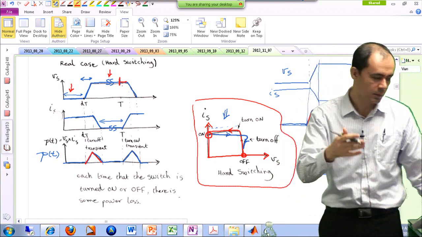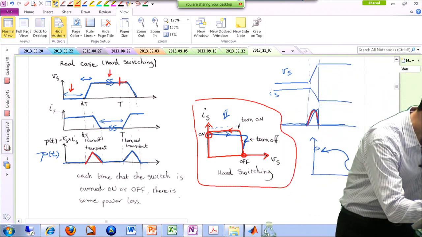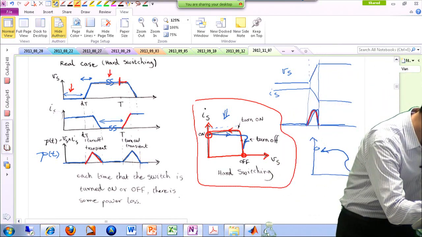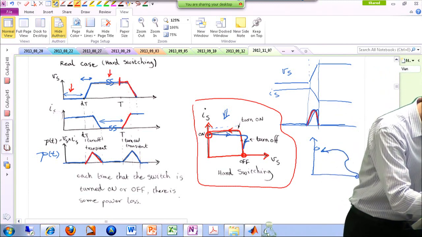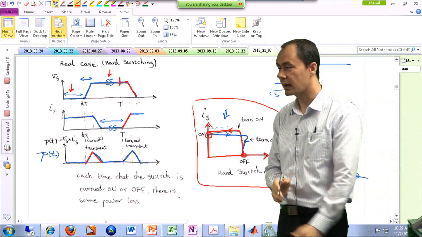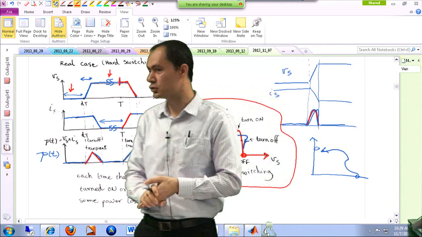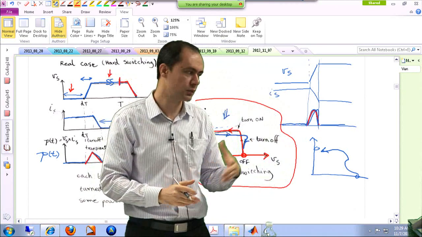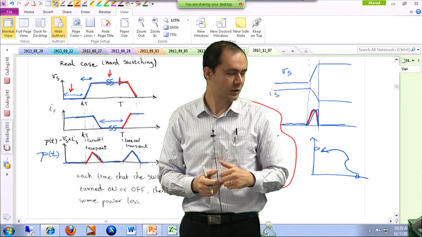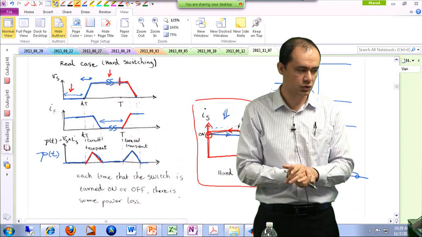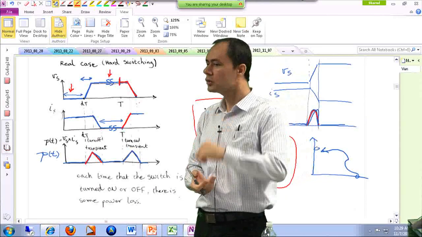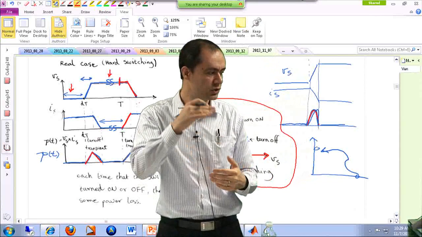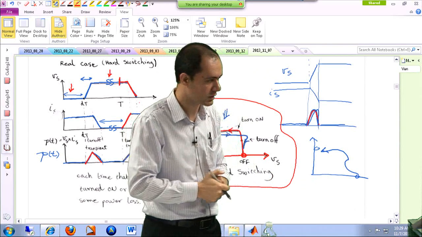Some people argue that first the current has to rise to where it is supposed to get, then the voltage starts falling. Then again I can argue that's not necessarily true for all switches. But this would be the worst case scenario, that you are trying to turn the switch on, the voltage doesn't even start going to 0 until your current has reached a certain value. So that's what's happening.